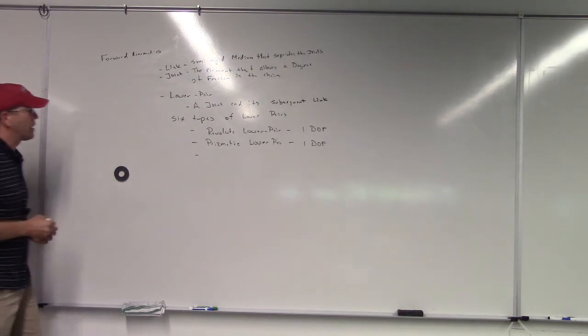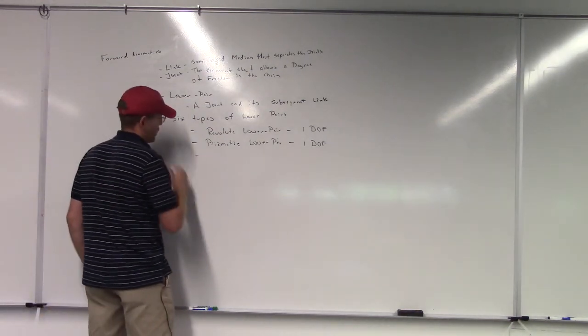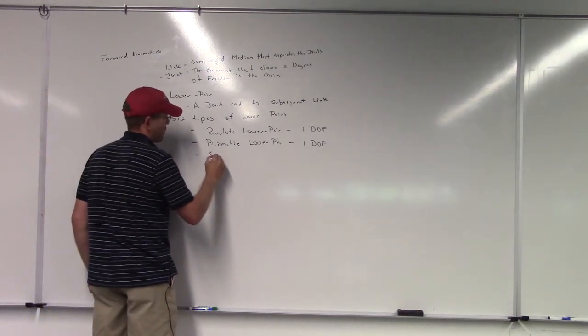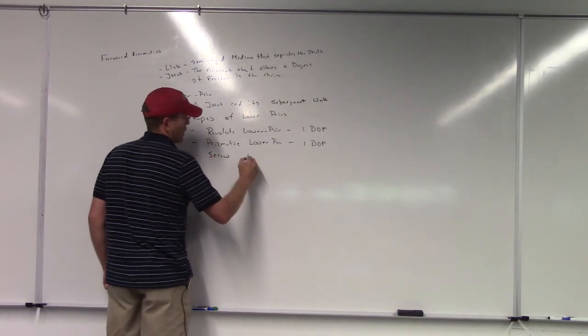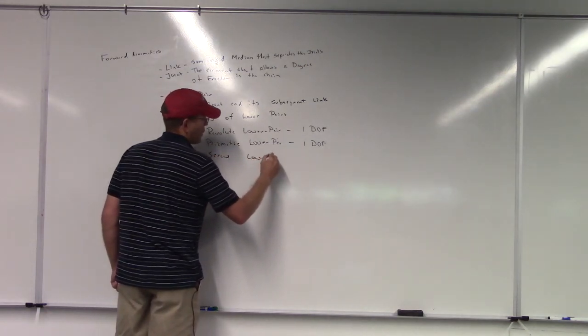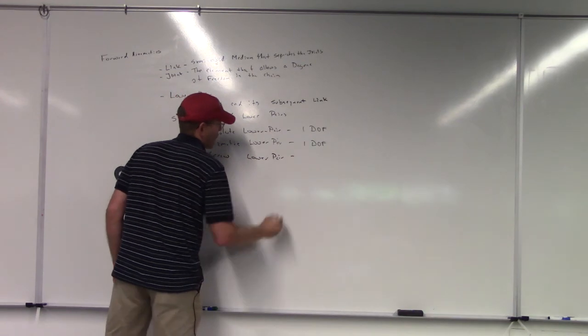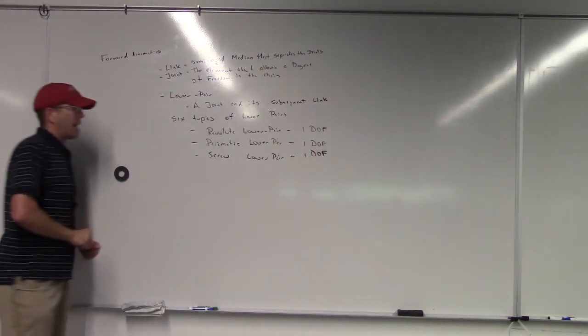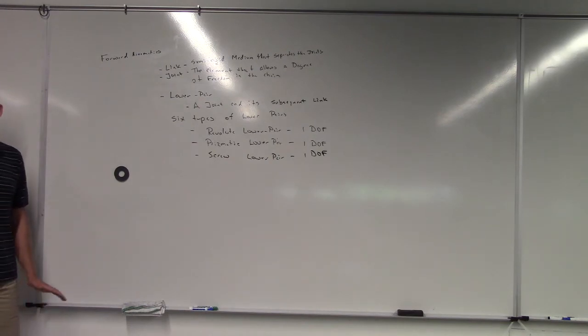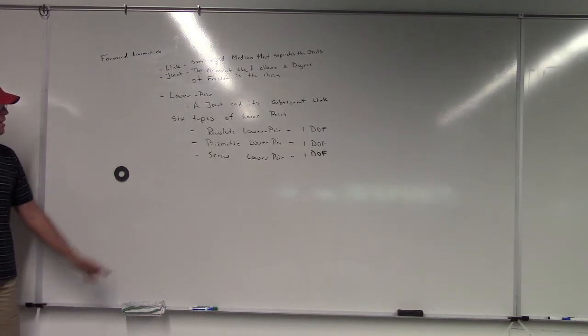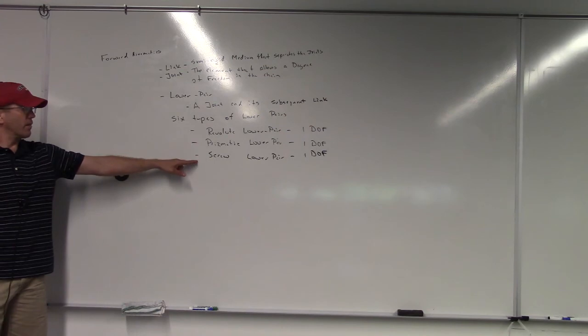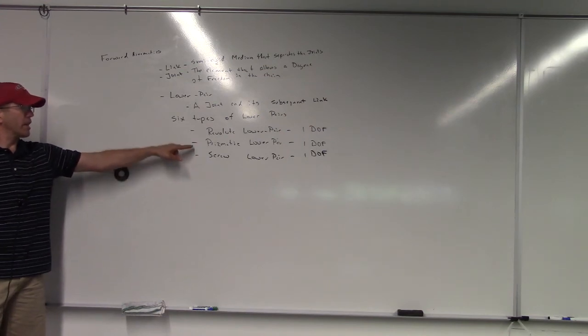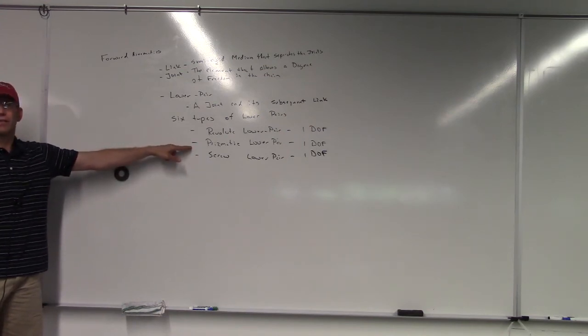Okay, the next type of lower pair is what the book refers to as a screw lower pair. And this is why I have a hard time justifying this as a separate case. What do you suppose the characteristic of a screw is as opposed to a prismatic?